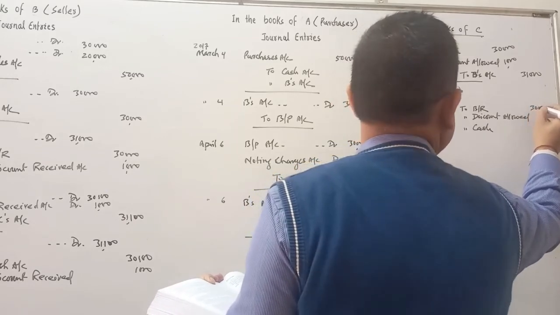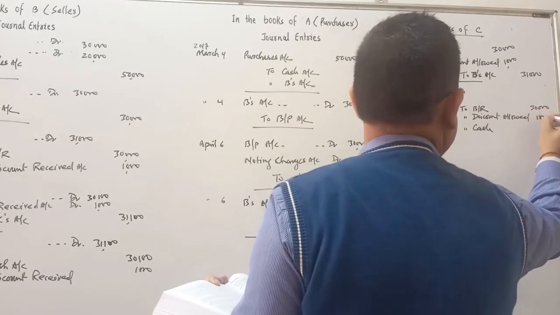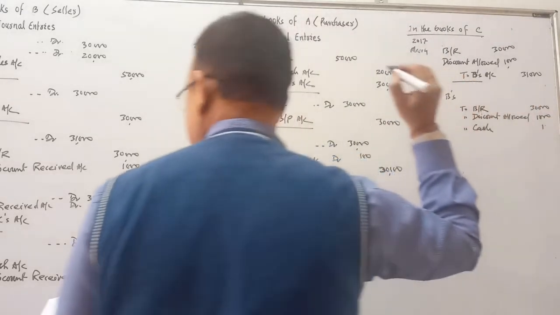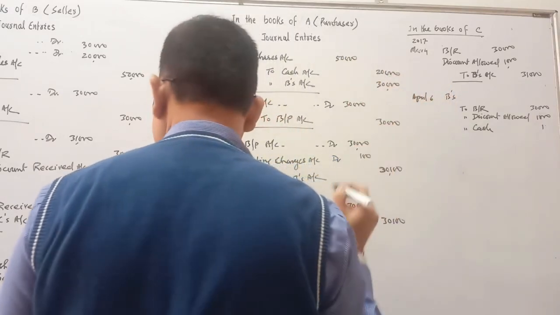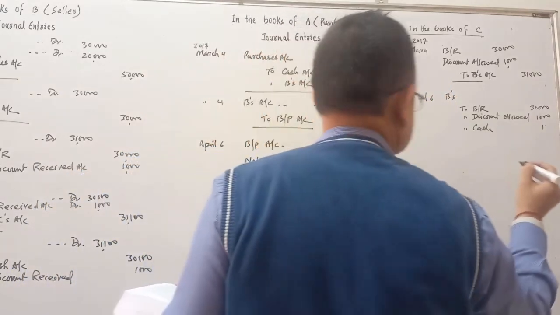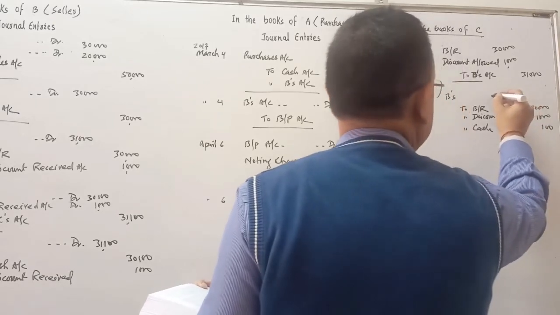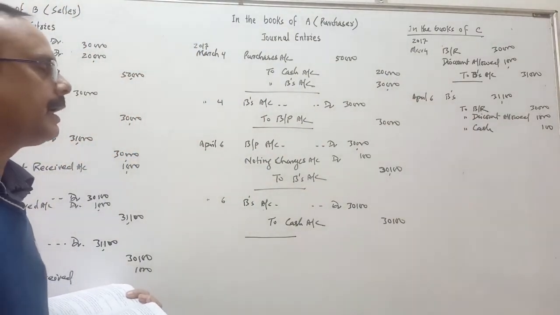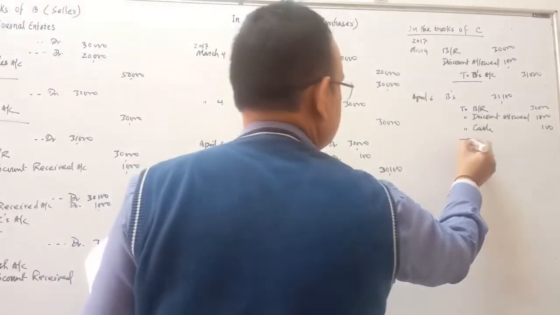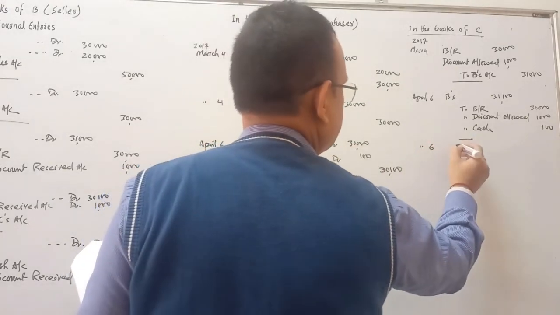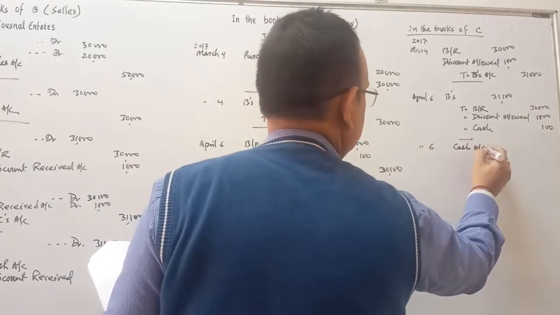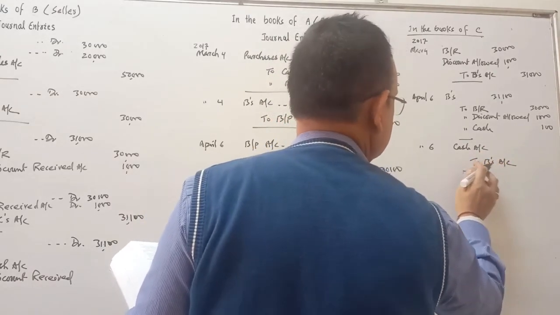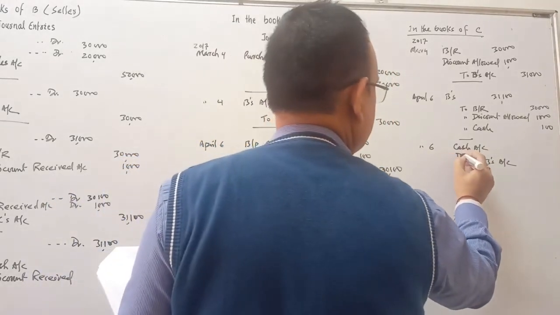So bills is 30,000, discount is 1,000, and the noting charges are 100. So it is 31,100. And on April 6, finally he has got the amount, cash account debit to B's account, cash account debit, discount allowed account debit.